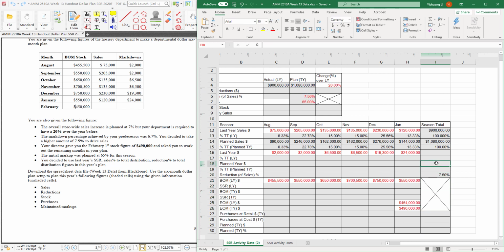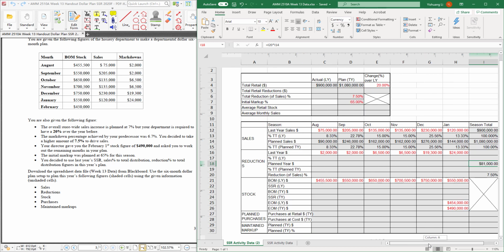And that's how we can know the planned dollar numbers using the percentage times the planned sales of this season. So we know the seasonal reduction total here.